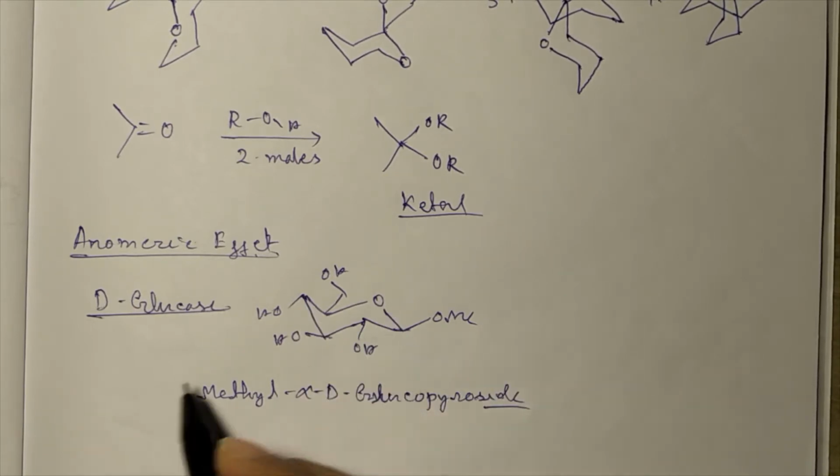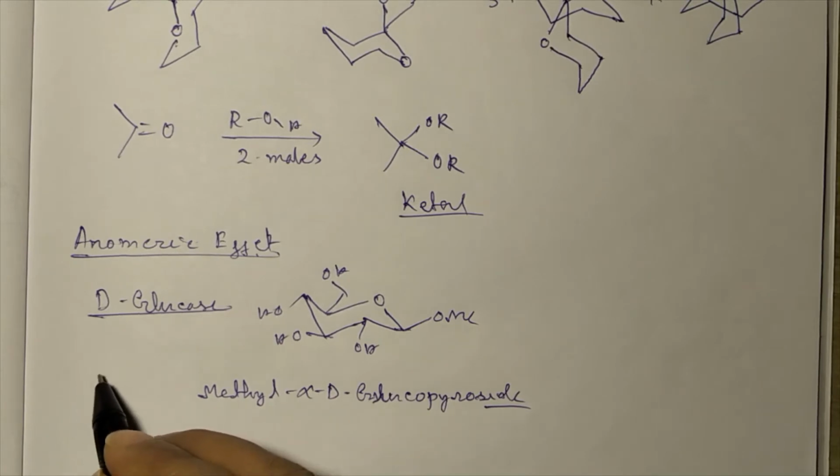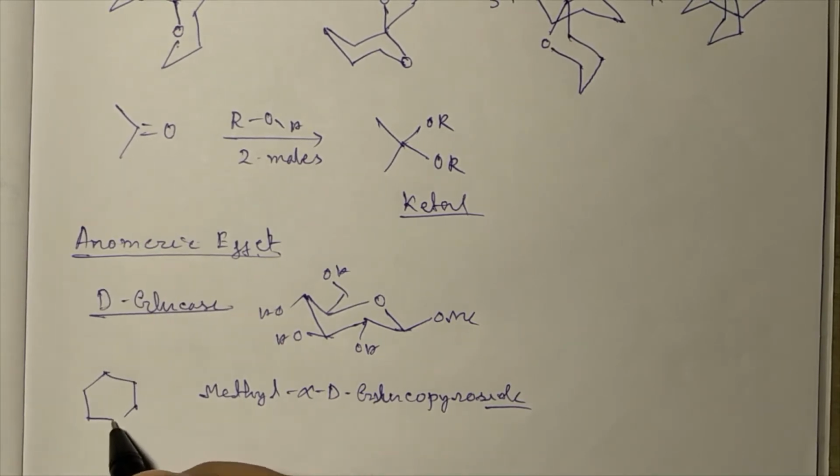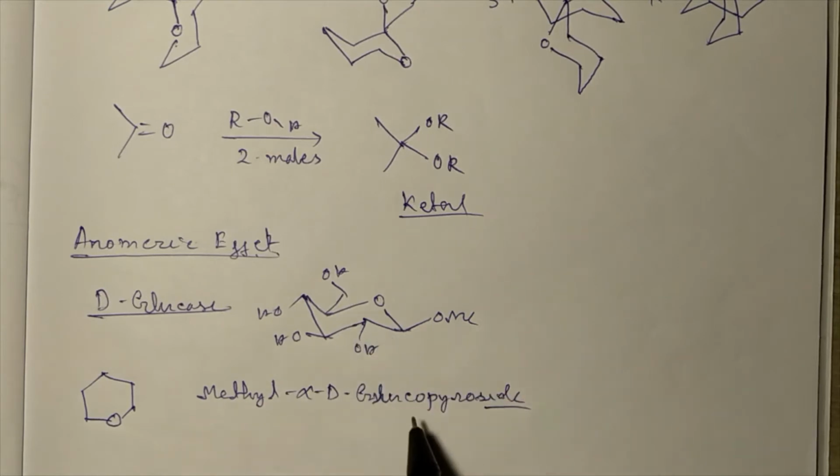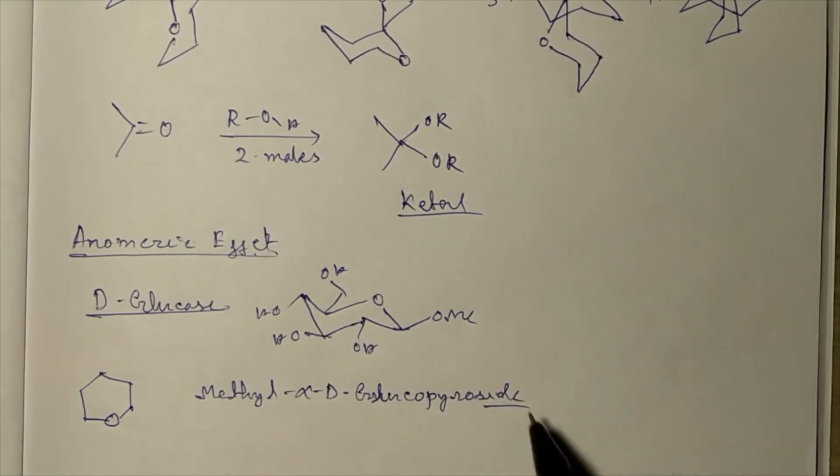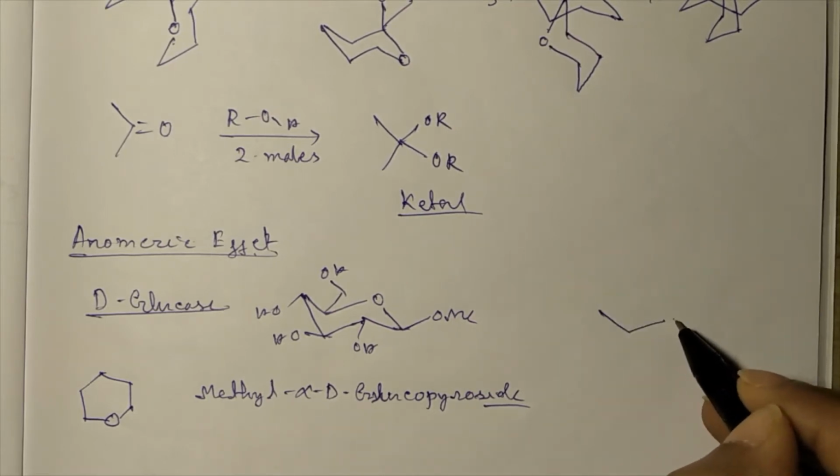This ring is called a pyran ring. So this is a pyranoside derivative of glucose. And the other form is beta D glucopyranoside.